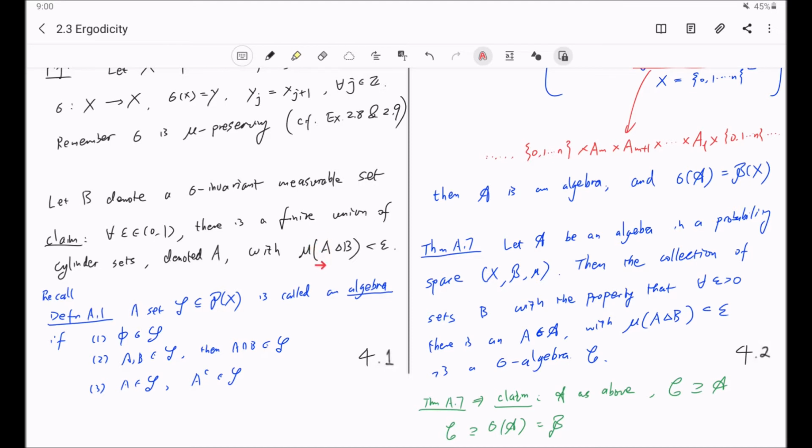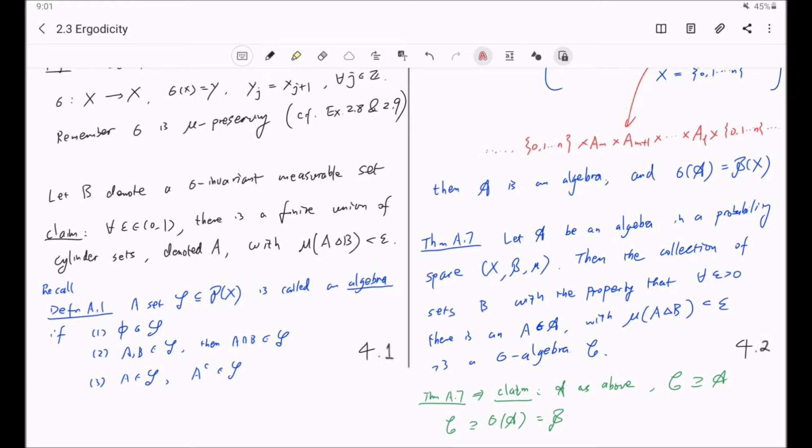Once we have a very good understanding of A, we will have a good understanding of B. And in particular, once we prove that the measure of A is either close to 0 or 1, then we can hope that this approximation target, this B, can have a measure that is either very close to 0 or 1, or precisely 0 or 1. We hope that is true by using this approximation.